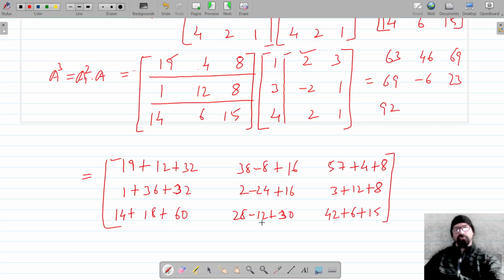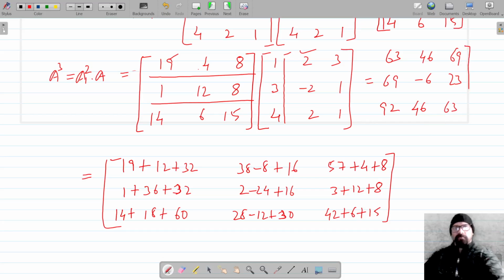This is 28 minus 12, 16 plus 30 is 46. And the last one is 42 plus 6 plus 15, which will give me 63.